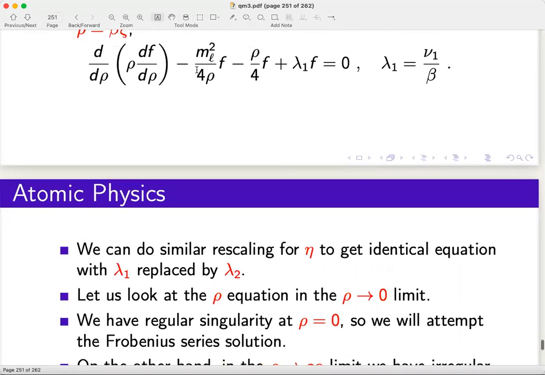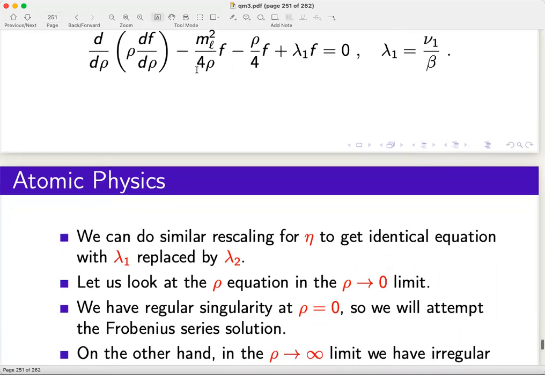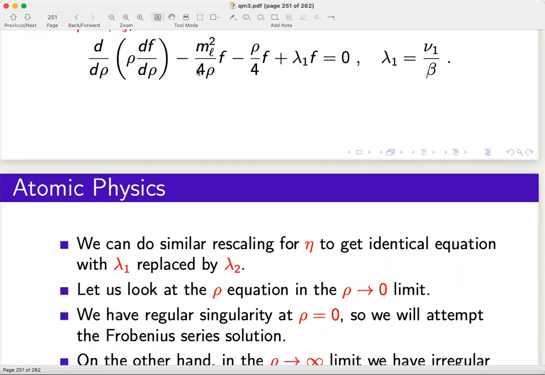On the other hand, if you look at rho equals infinity, then remember there is a solution which grows as rho, and then there is a piece which goes as a constant. As a result of these two quantities, you will find that your solution is actually going to grow at infinity. This is the most dominant term in that growth, and this term tells us that the solution has an irregular singularity at infinity.